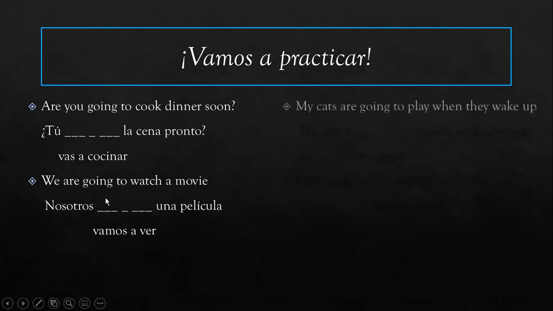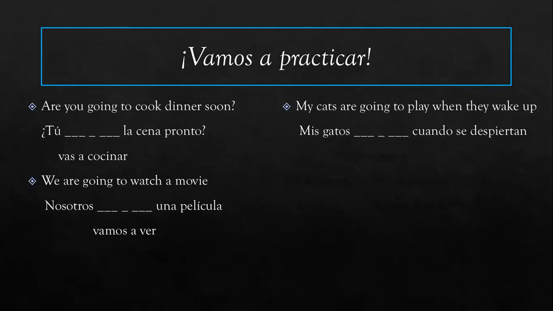Alrighty, next example. My cats are going to play when they wake up. Mis gatos blank cuando se despiertan. Mis gatos is third person plural. Be thinking about what form of ir that is. To play is jugar.